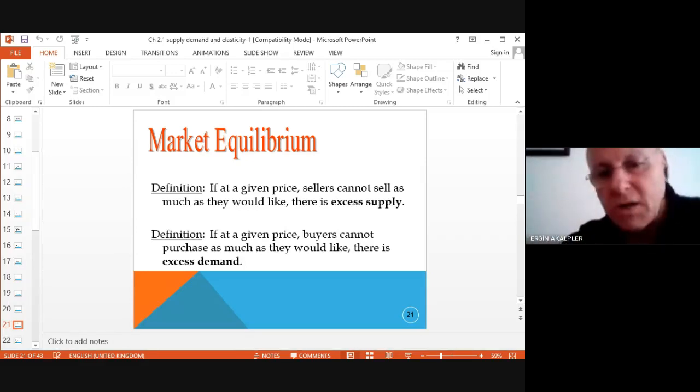If it is horizontal, parallel to the x-axis, then it is of course infinitely elastic. Therefore, this excess or surplus problem is concentrated on elasticity, which we are going to exercise in the next lecture.